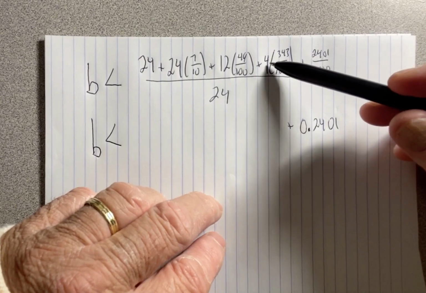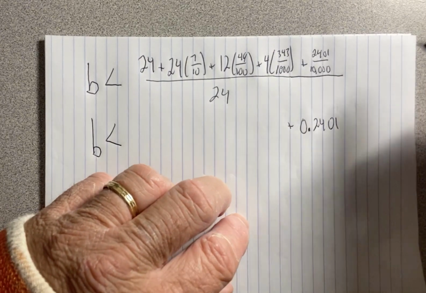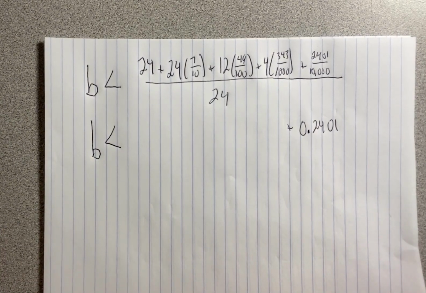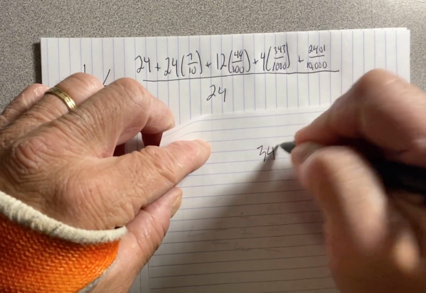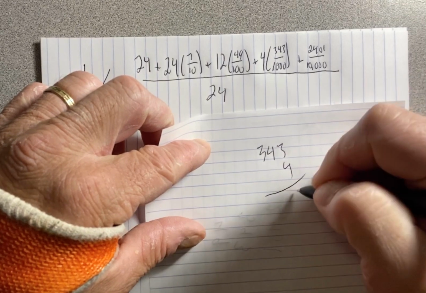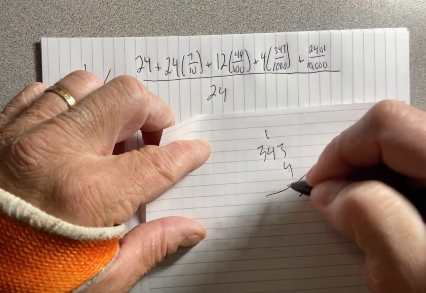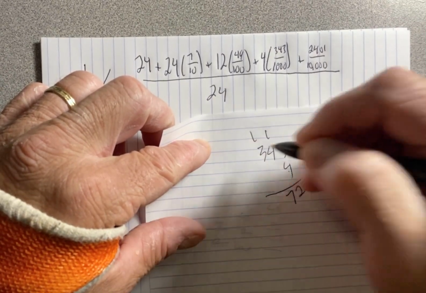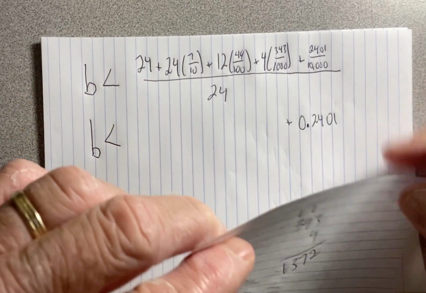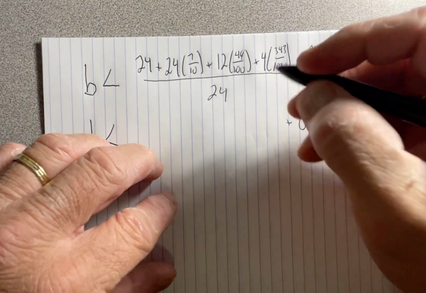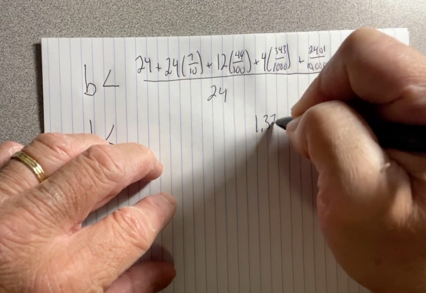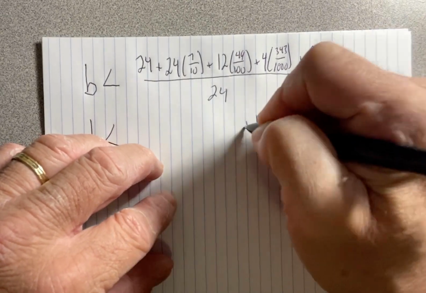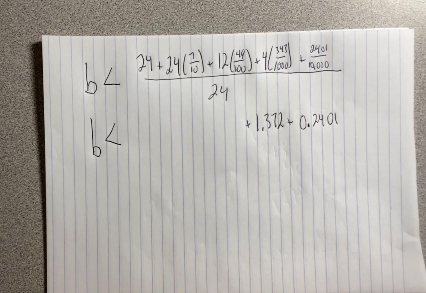So 4 times 343, let's get some scratch paper out and figure out what that is. 343 times 4, 4 times 3 is 12, carry 1, 4 times 4 is 16, and 1 is 17. 4 times 3 is 12 plus 1 is 13. So that's 1372 over 1,000. So that's 1.372.